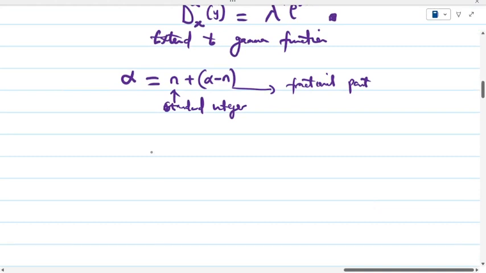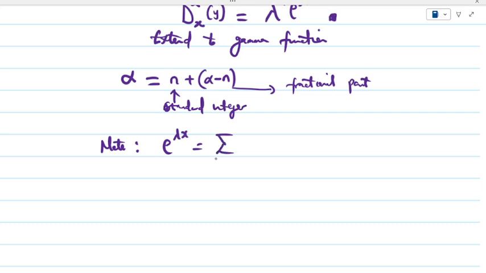And you also note that the series notation of exponential of x is the summation k equals 0 to infinity of x raised to power k over k factorial.